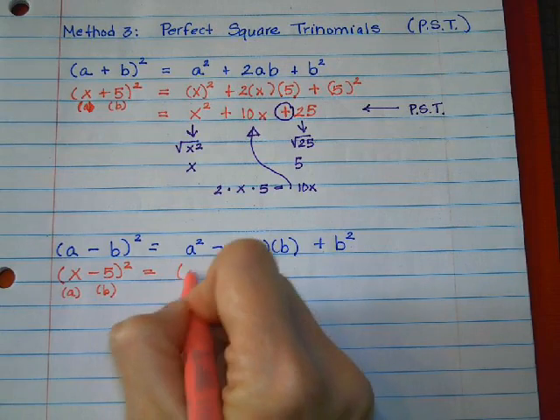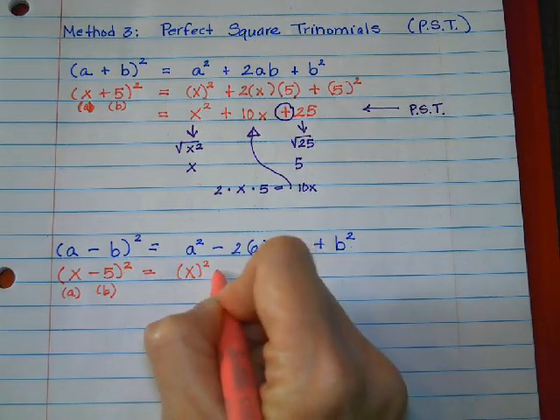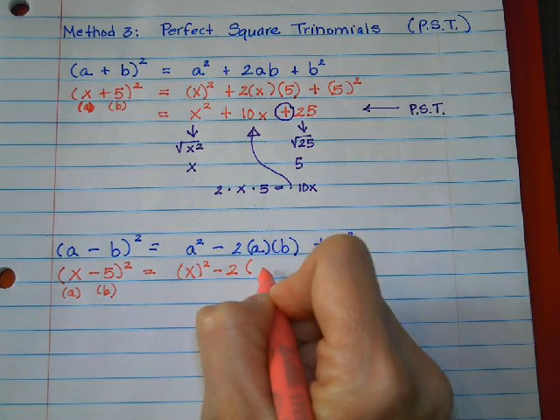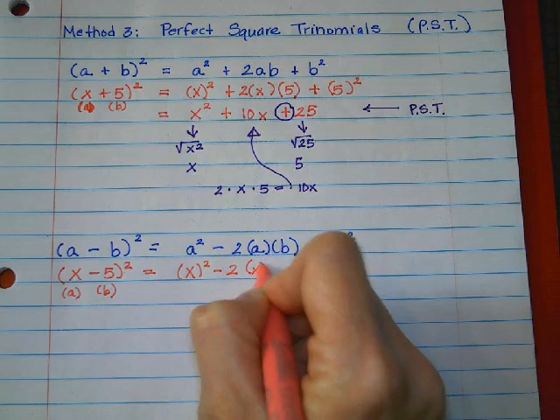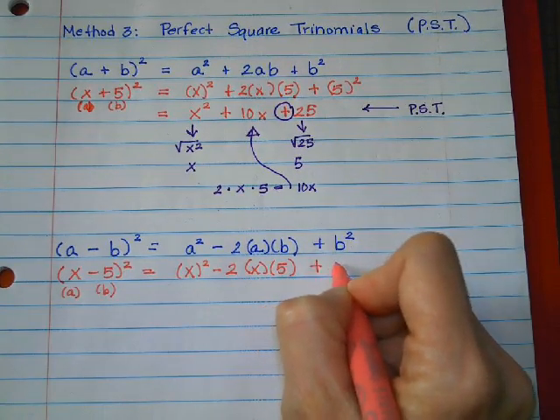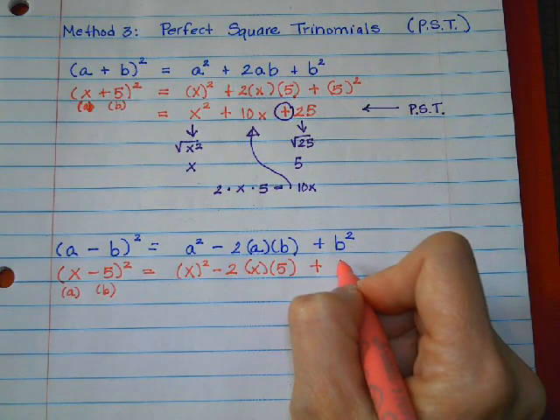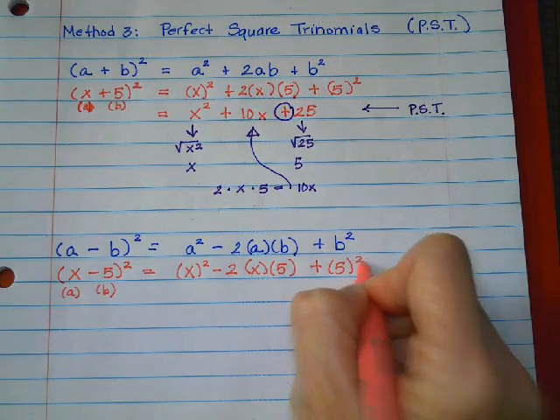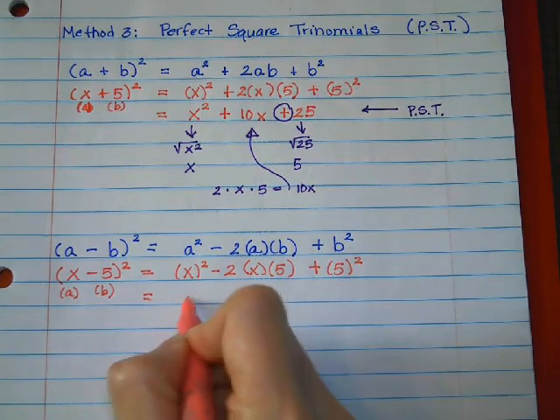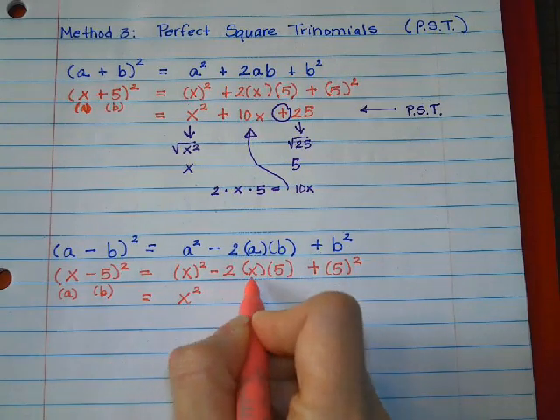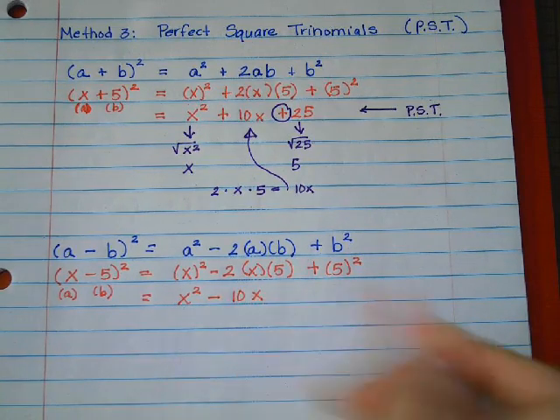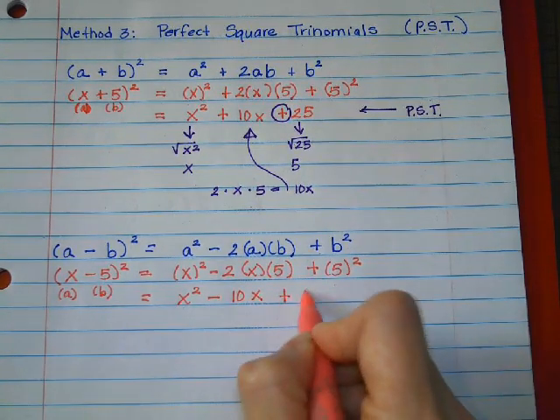We'll square the A value, x, minus 2 times our A value, x, times our B value, 5, plus our B value, 5, being squared. So now we've got x squared, negative 2 times x is negative 2x, times 5 makes negative 10x, and 5 times 5 makes 25.